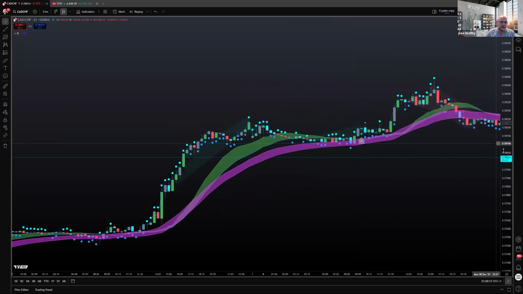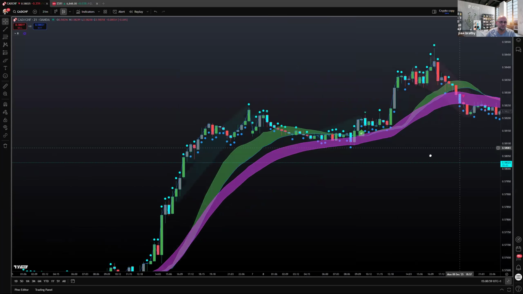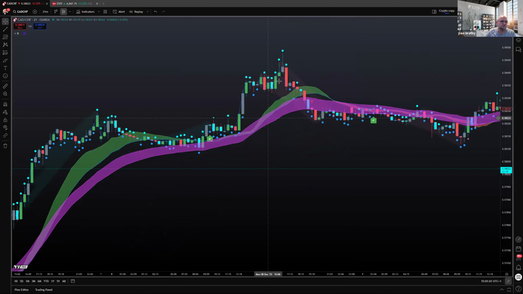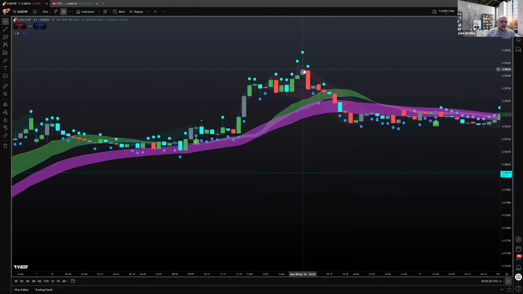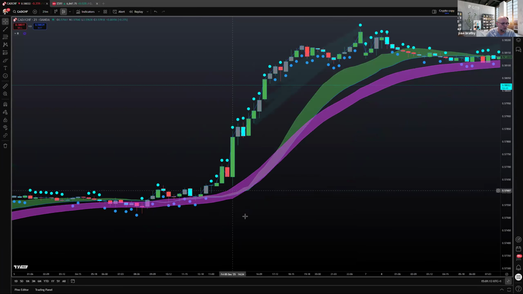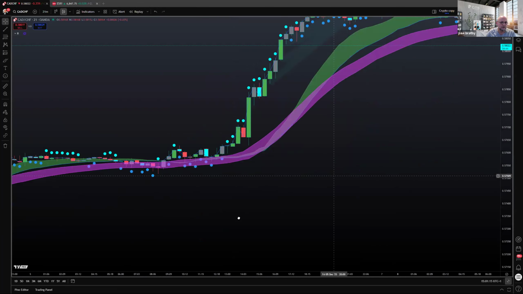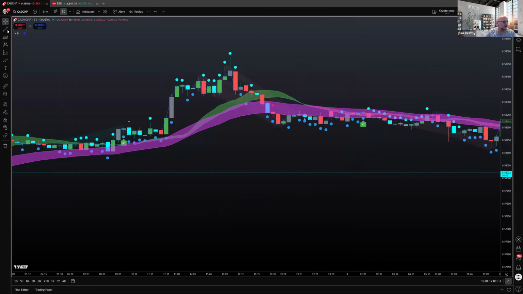So when we're looking at here, for example, the time to get out on the manager was this rejection of the highs of more than 50% on higher than average volume. That's the only time that's happened in this whole move. So this would get you out at this point here. It closes below the EMA cloud at this point here.